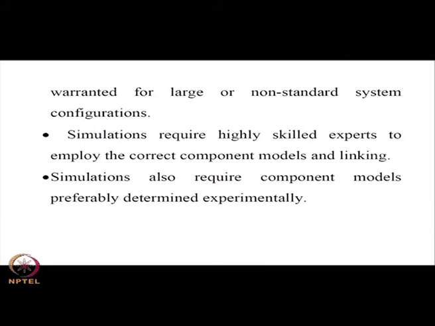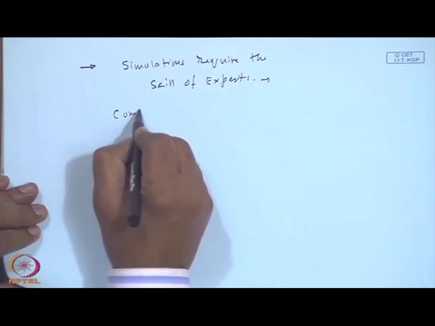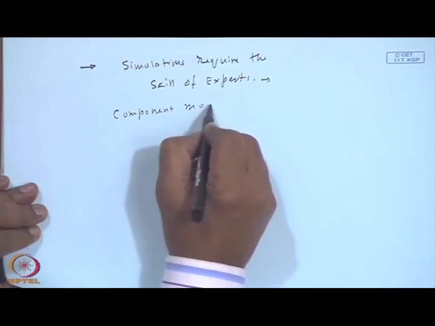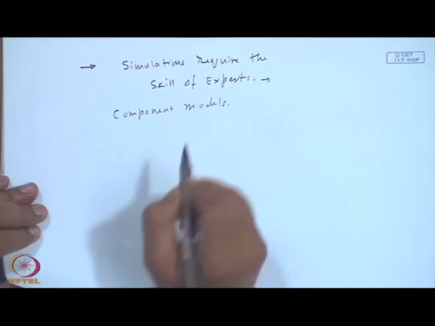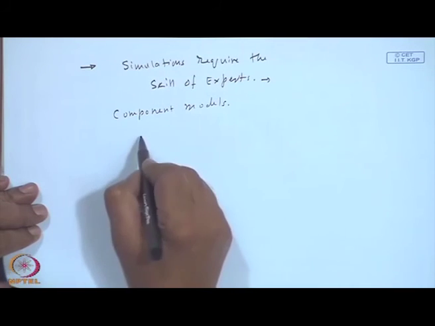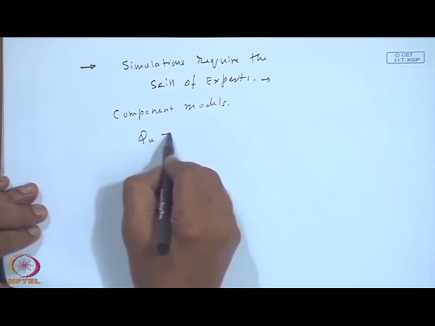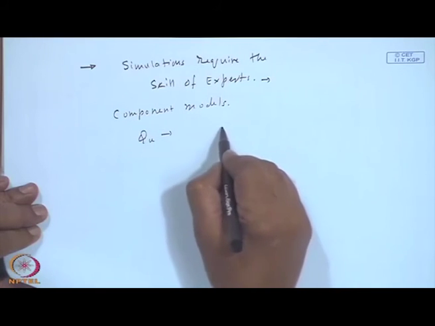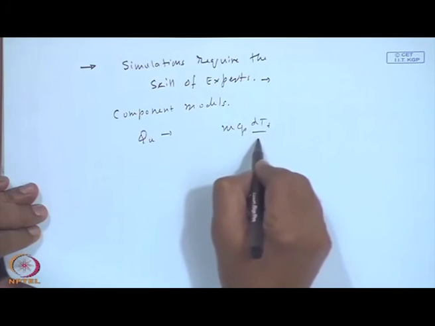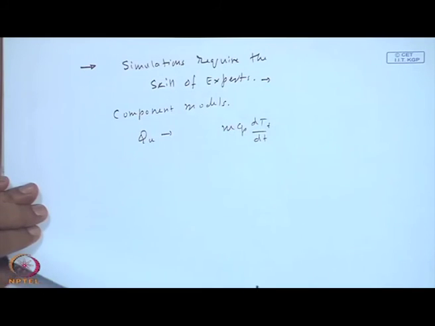So, these things of course require component models, though it is a technical sounding term. It is nothing but whatever we have written for Q for the collector or the energy stored in the tank. These are the component models.